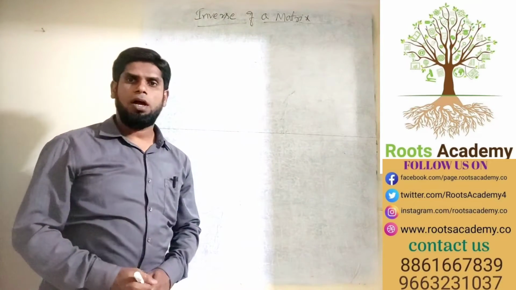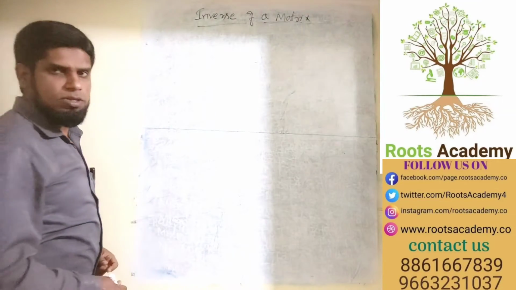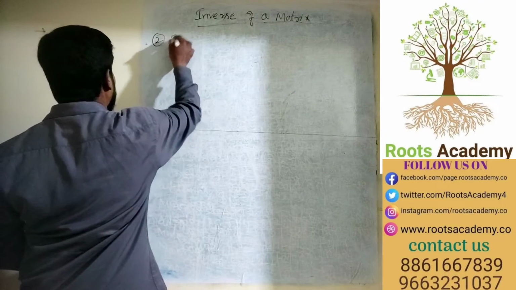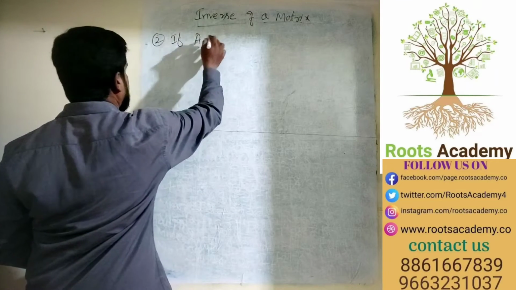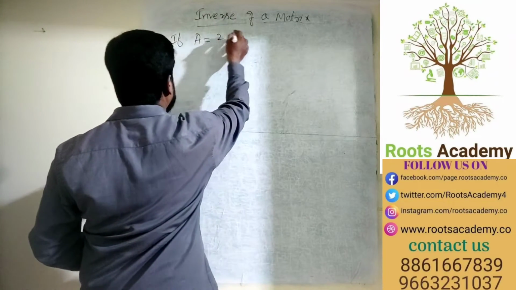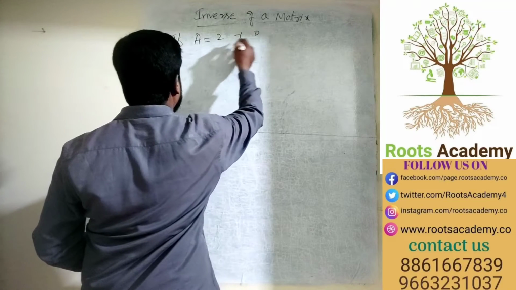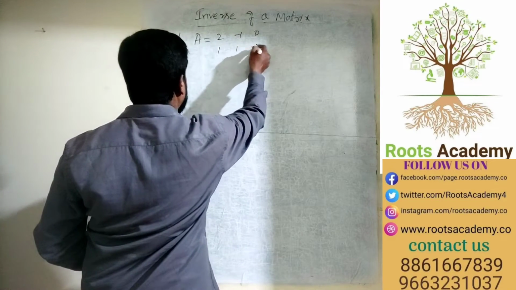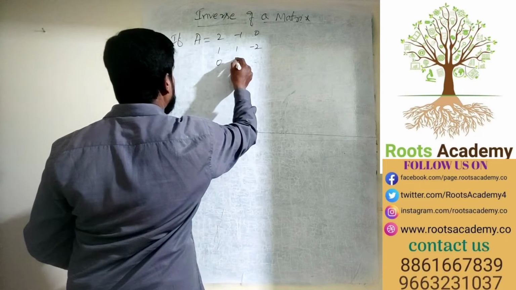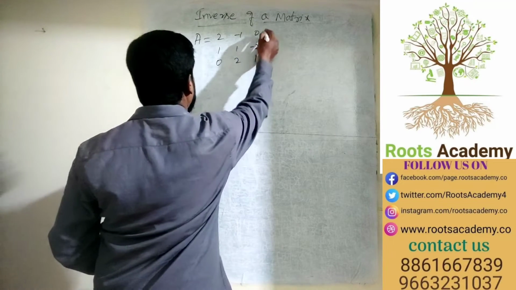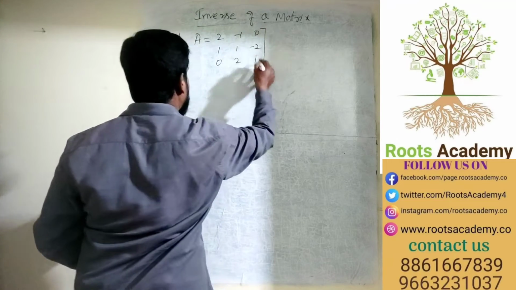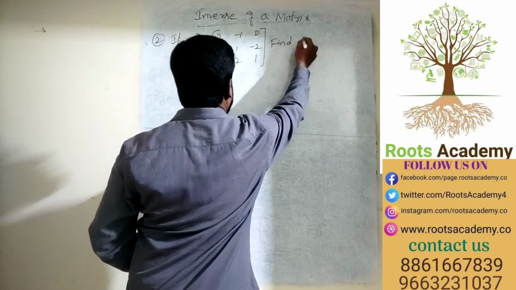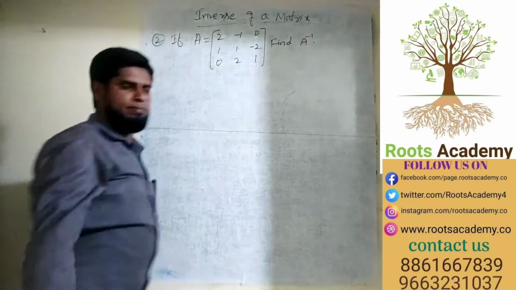Okay students, let us go to the next problem. Now this time we will take one 3 cross 3 matrix. If A equals 2, minus 1, 0, 1, 1, minus 2, 0, 2, 1, find A inverse.